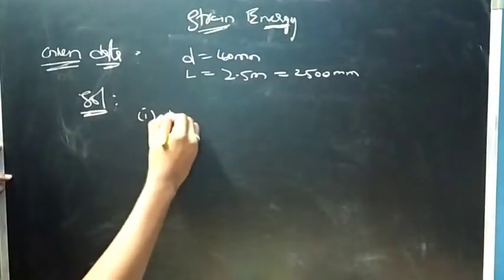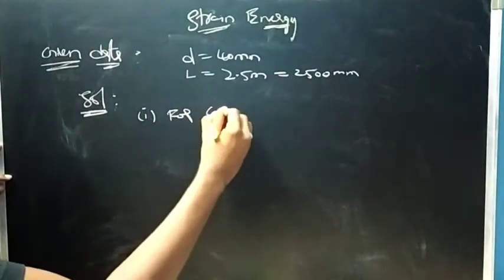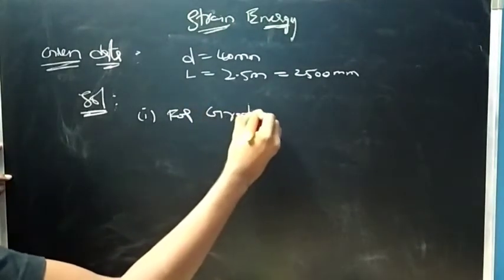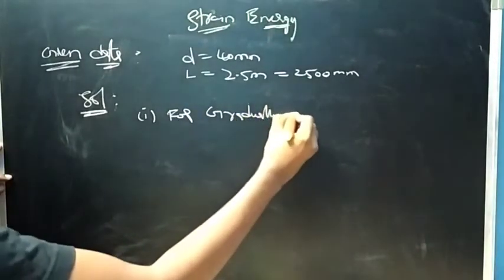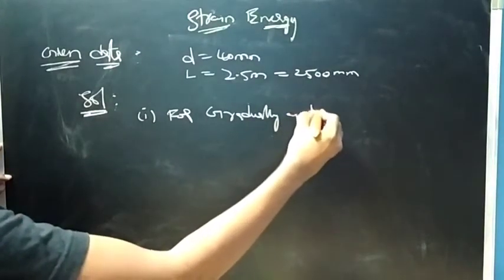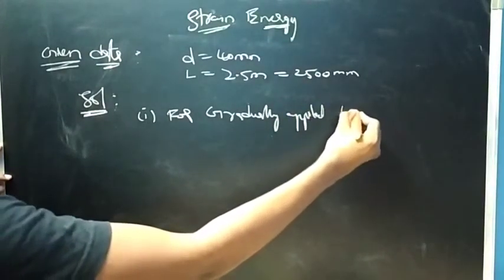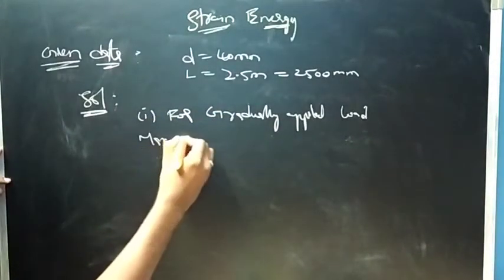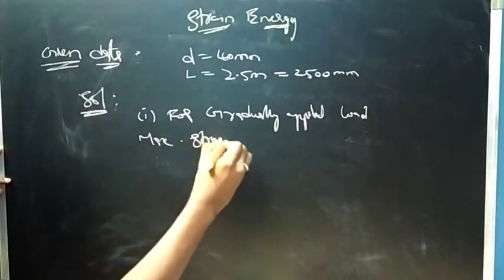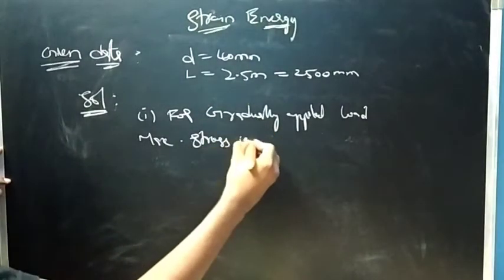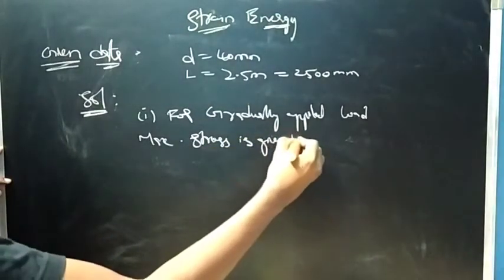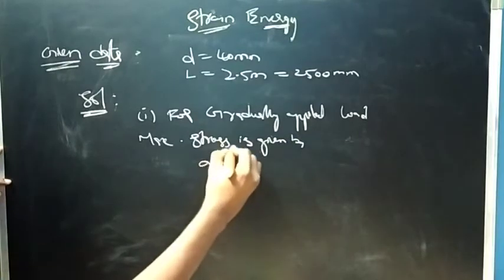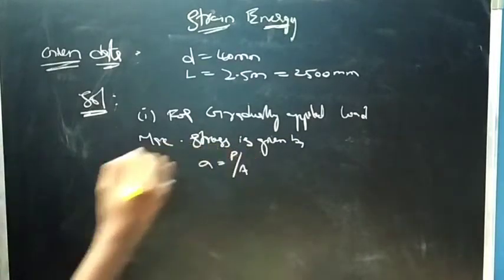First one is, for gradually applied load we already know the formula, that is load upon area. For gradually applied load, the maximum stress will be the same as normal stress, given by sigma equals P upon area.